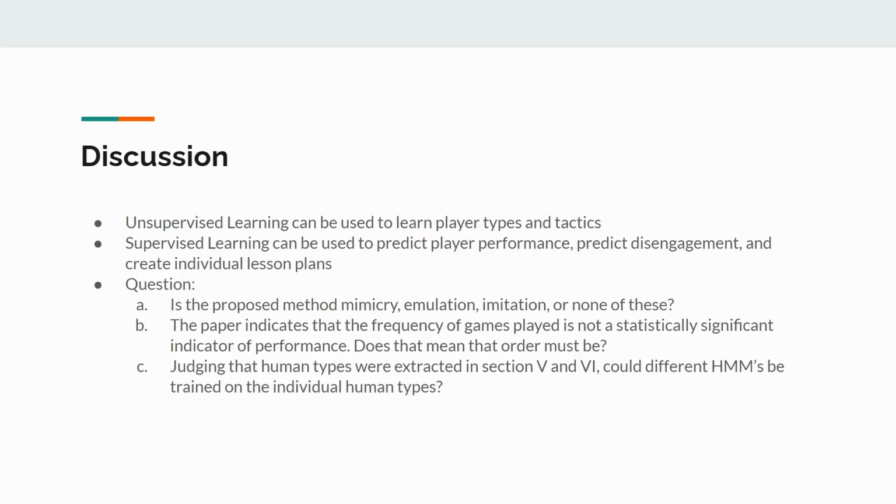The second question is, the paper indicates that the frequency of games played is not a statistically significant indicator of performance. But does this mean that the order must be a statistically significant indicator of performance? I argue that it might not be. For example, maybe you can factor in player disengagement.